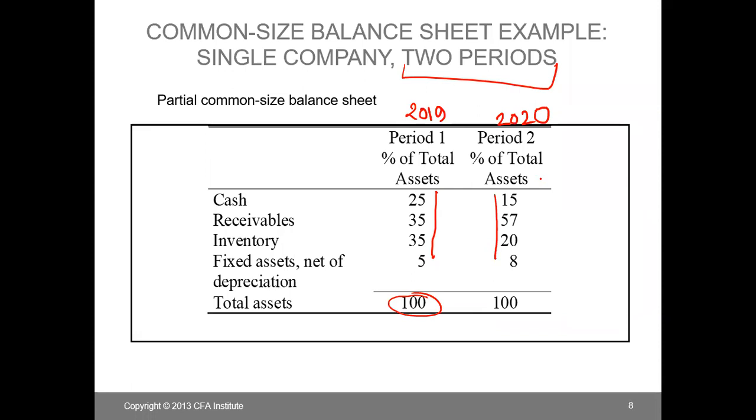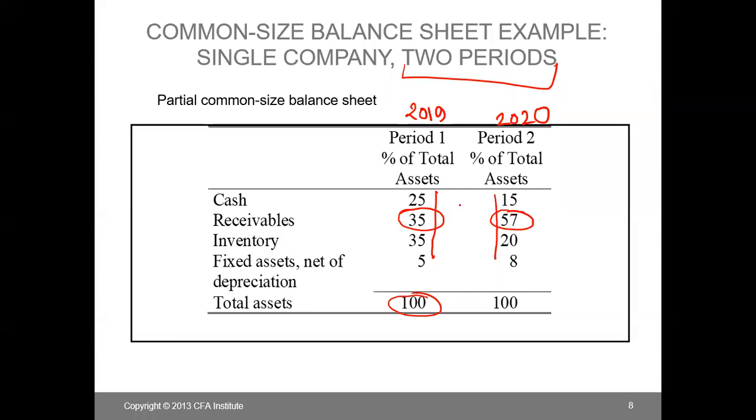So the question is, you cannot convince yourself just by looking that 35% of this company's total assets are in receivables in 2019, and now in 2020, 57% of this company's assets is receivables. That is all your explanation is done. It's not like that.